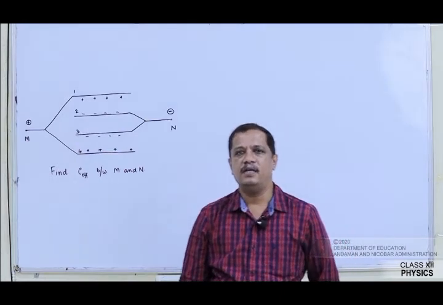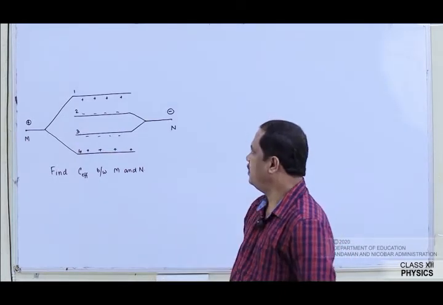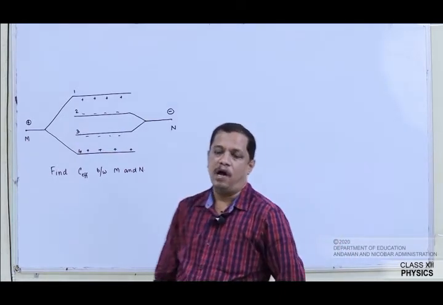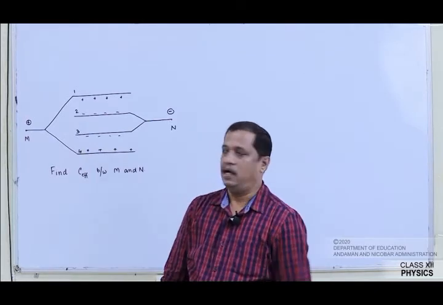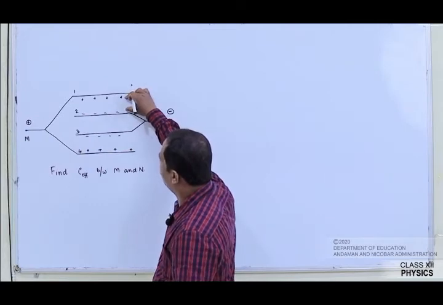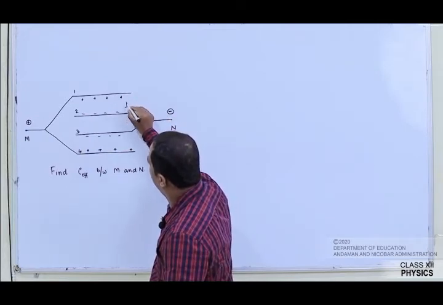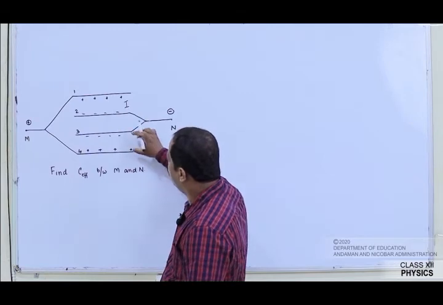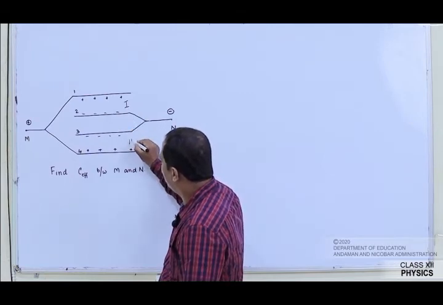Now I have to find the effective capacitance. To find it, I must know how many capacitors there are. These two plates together constitute one capacitor, and these two plates constitute the second capacitor.